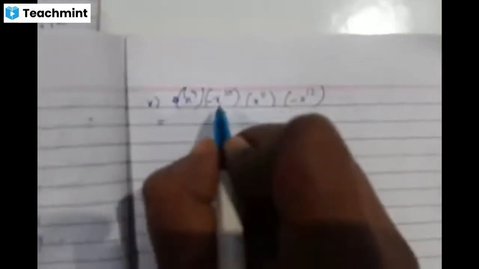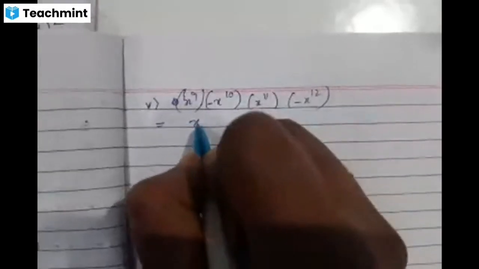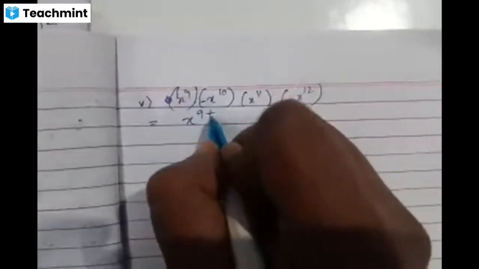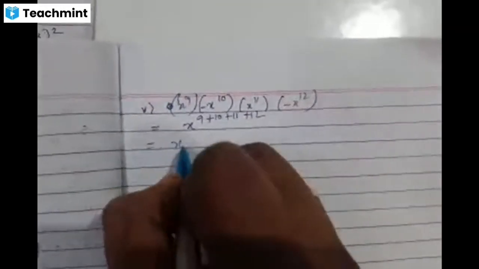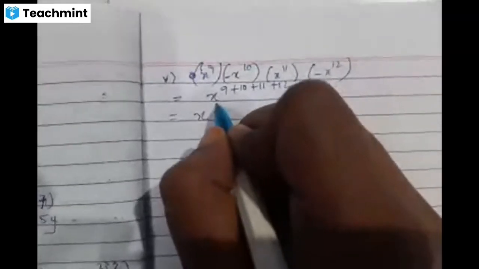In the first worksheet we have multiplied, and we know how to multiply all the monomials. All are having the same base. Minus into minus is plus. x to the power of 9 plus 10 plus 11 plus 12. We are going to add the powers when the bases are same. Therefore, x to the power of 42 is the answer, children.